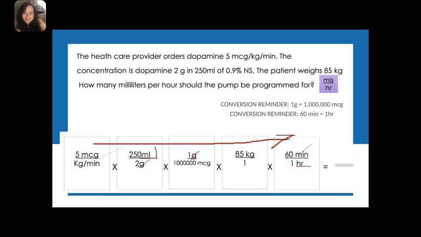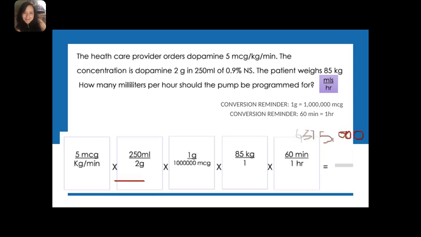When you do that, I have 6,375. I apologize for how this looks. Then if you do the denominator, you get 2 million.